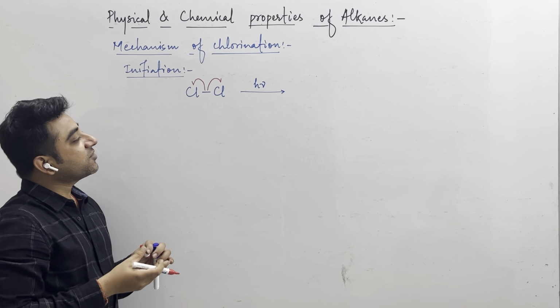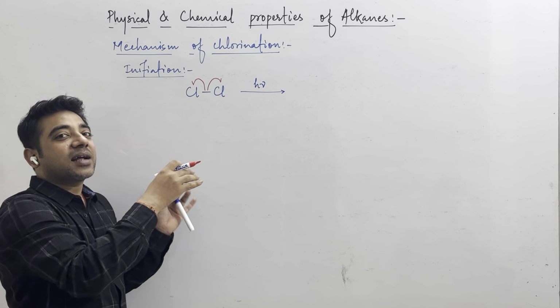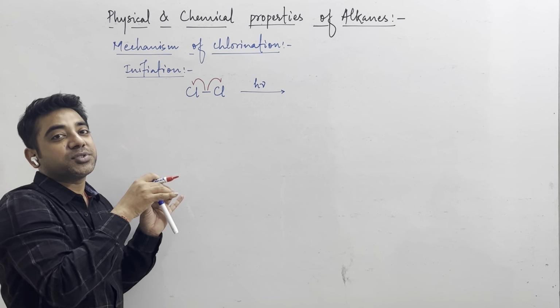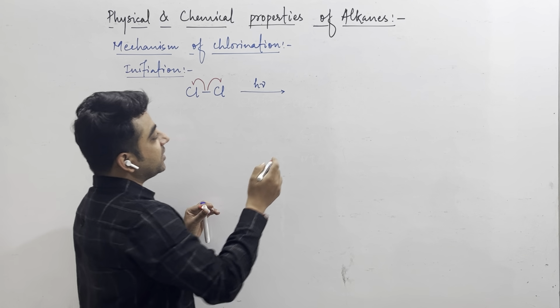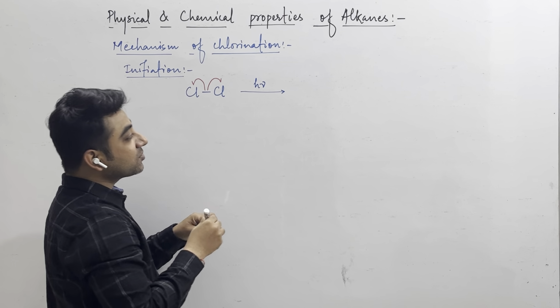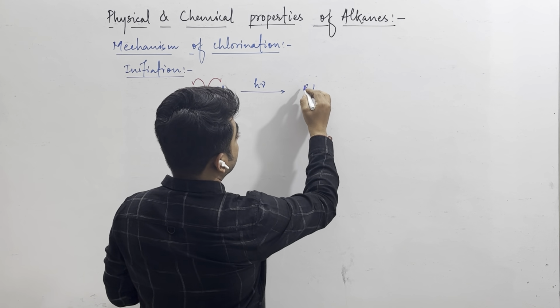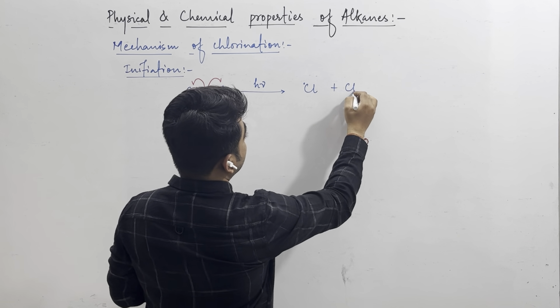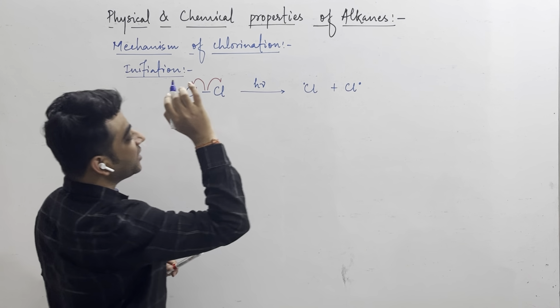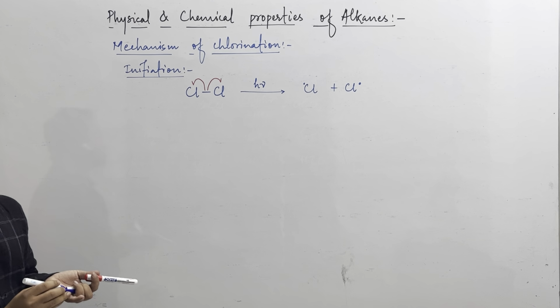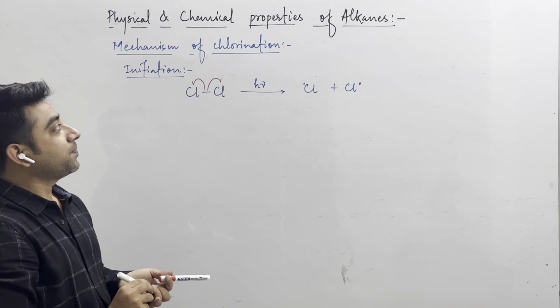So when this homolytic fission occurs, they will be taking back their electron which they have contributed for sharing. And this way, each of the chlorine atoms is going to have one unpaired electron. So this is how chlorine free radical is generated, and this is the initiation step.